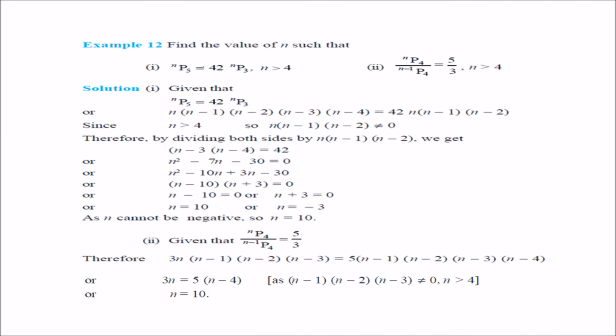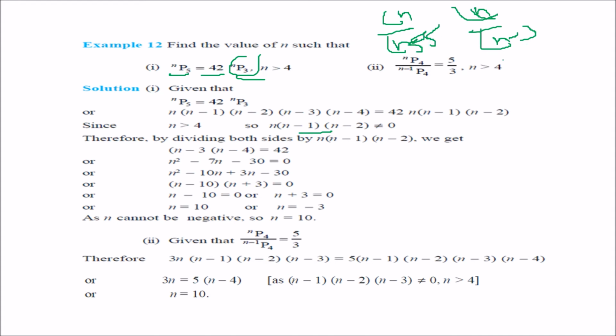What about the value of n such that nP2 is equal to 42? Let me give you the way. nP2 is factorial n by factorial n minus 2. This is factorial n minus 2.